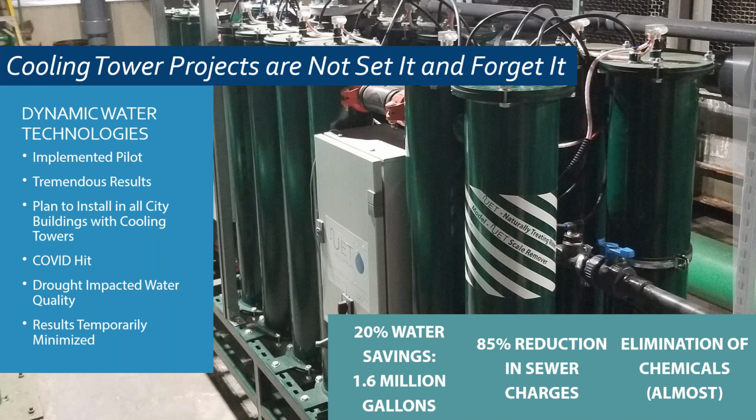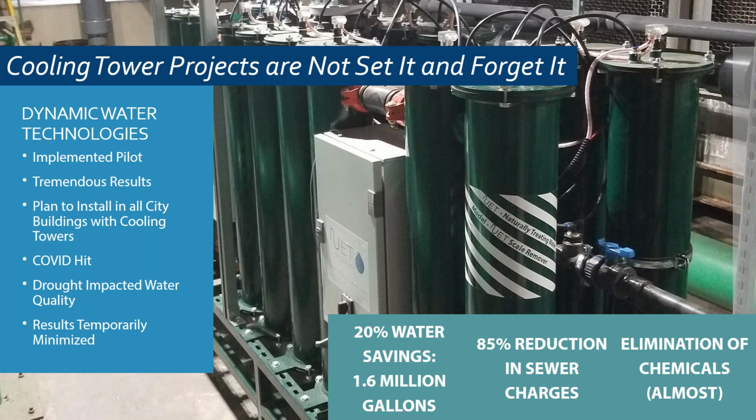They eliminated almost all the chemicals because the electrochemical treatment creates a water chemistry where you really don't need to add any chemicals, including no biocides. Now, many customers, including the city, were not comfortable with moving completely away from controlling for biological growth, so they've continued to add the biocide.